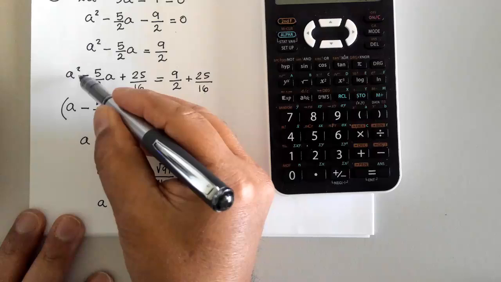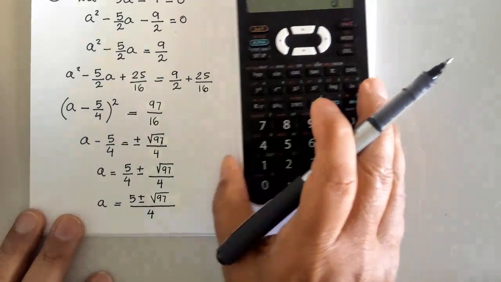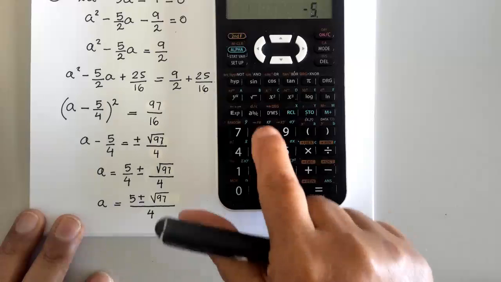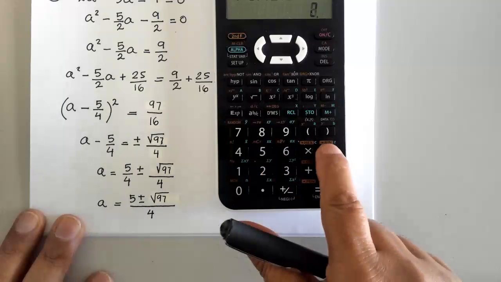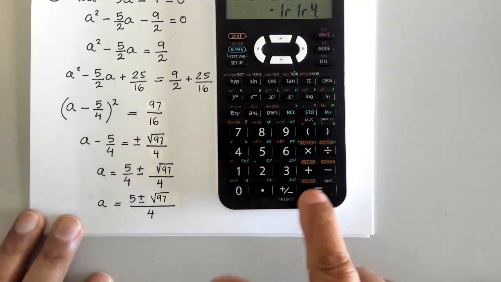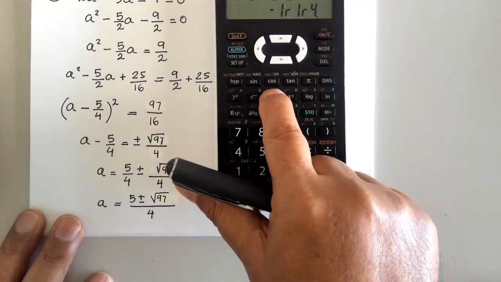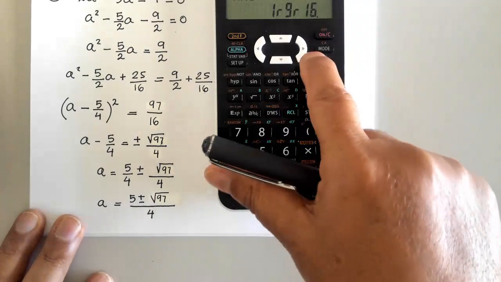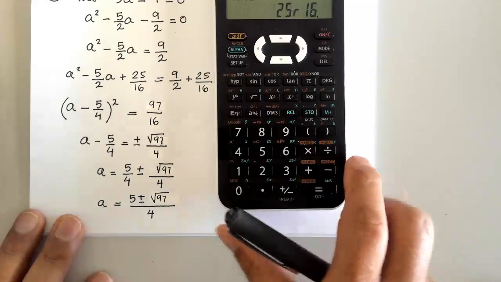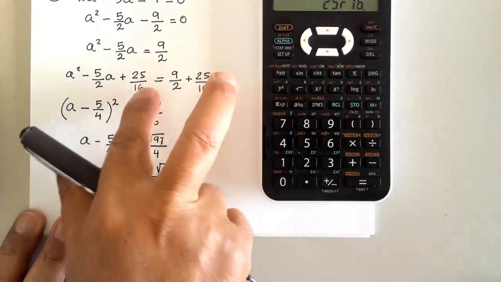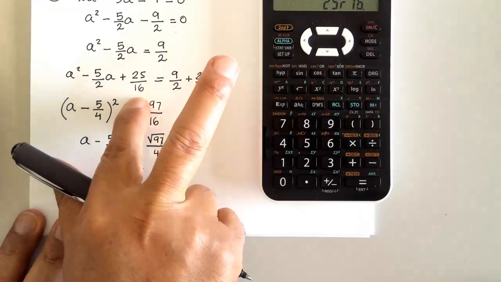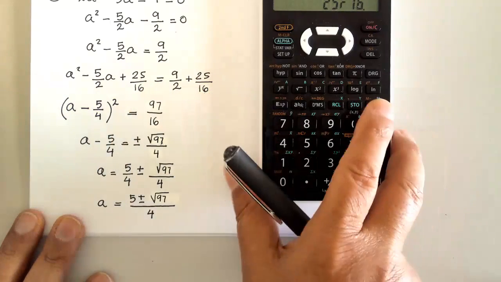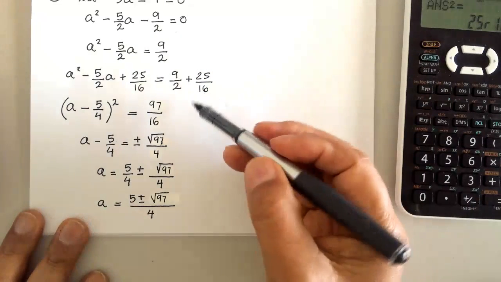So we divide the coefficient of a by 2, and I'll do it again: -5/2 divided by 2, and then we square the answer. So that is 25/16. And then we put 25/16 on this side, and we put 25/16 on that side. All right, and then we continue with it.